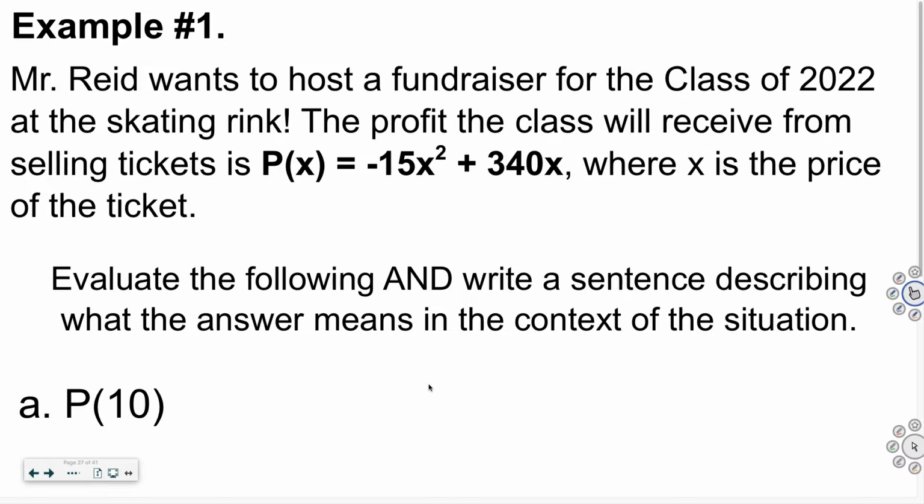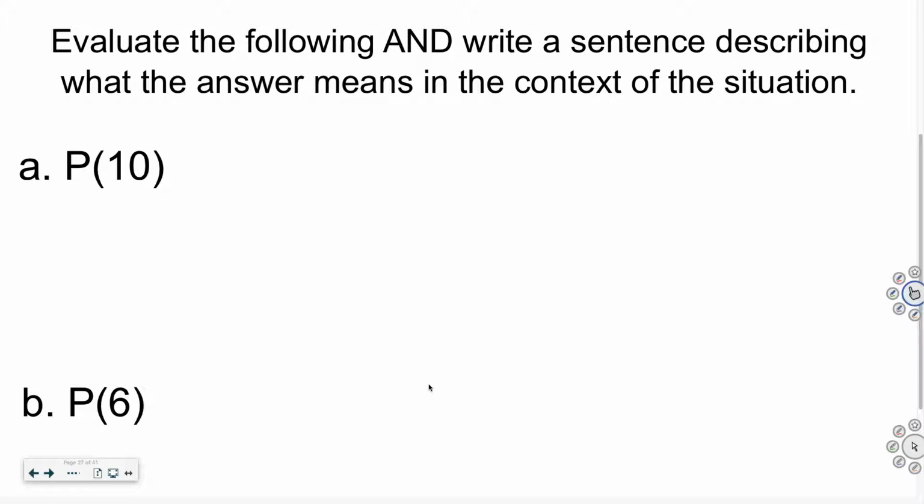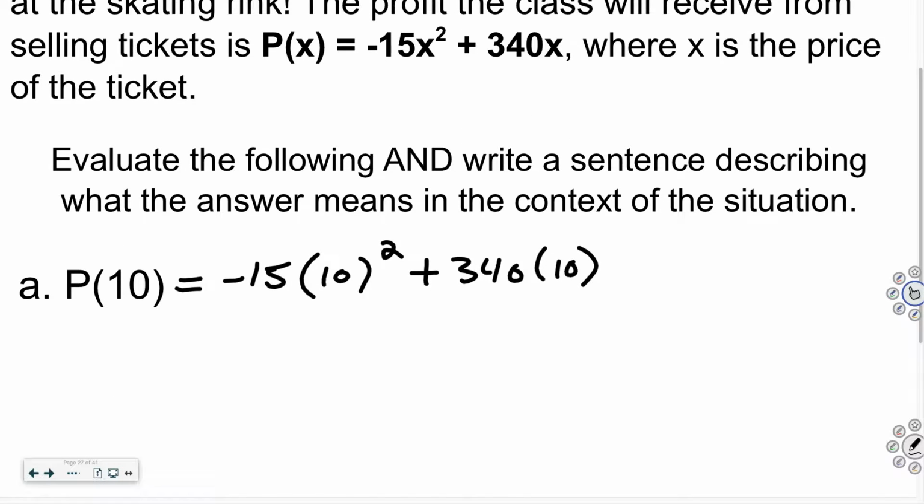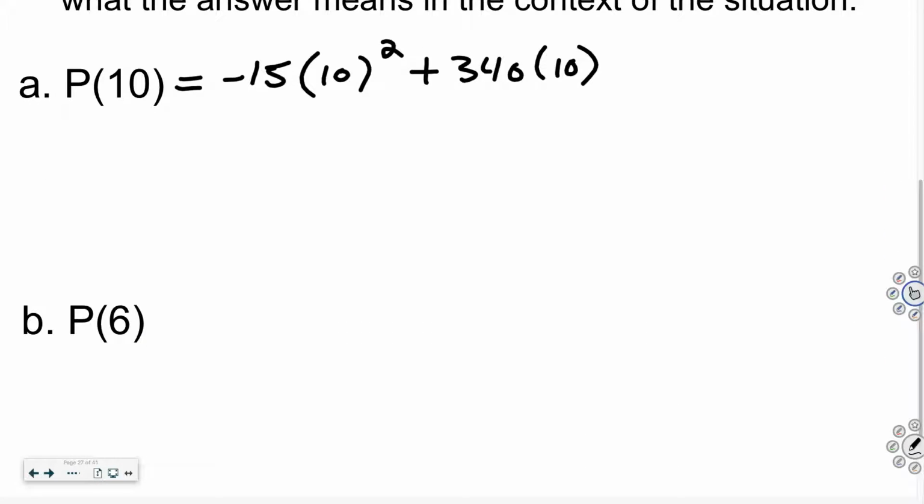All right, so our function is negative 15x squared plus 340x. In place of x, I'm going to put 10. Let me confirm I have the right function. Negative 15x squared plus 340x. Cool.